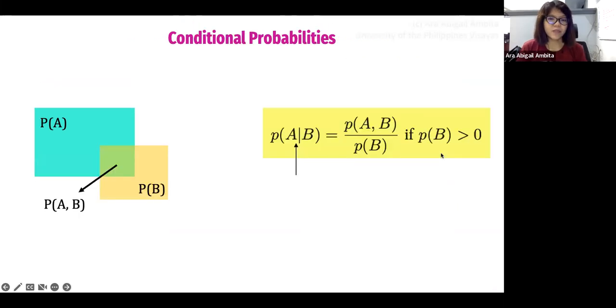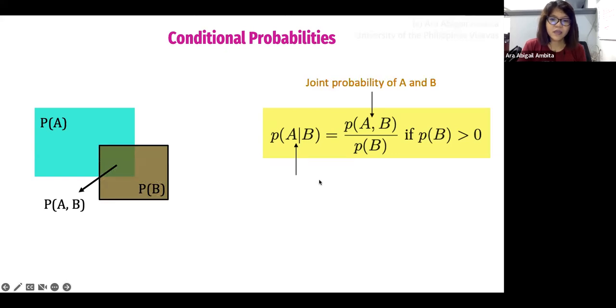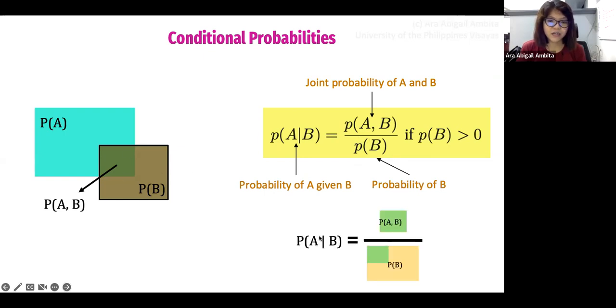Now, let's move on to the conditional probabilities. It is denoted by this bar. So we have the probability of A given the occurrence of B. That will be the joint probability of A and B divided by the probability of B. If we see in this Venn diagram, what we actually look for is this part, the intersection.